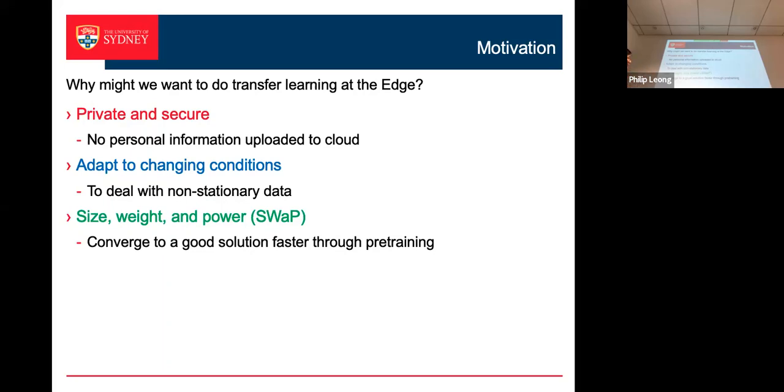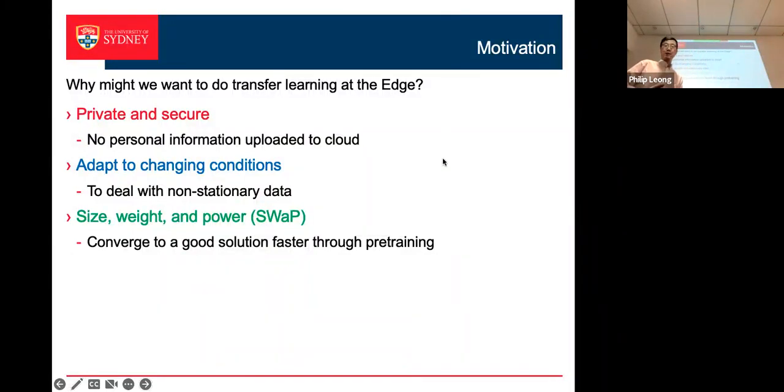You can adapt to non-stationary data, as we discussed a bit earlier, and the size, weight, and power could be an improvement over something which has to send a lot of high-speed data to another machine far away.